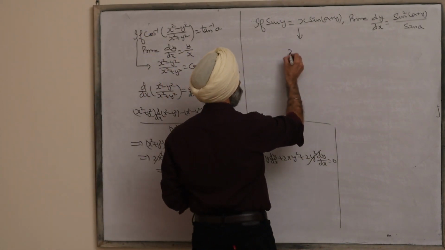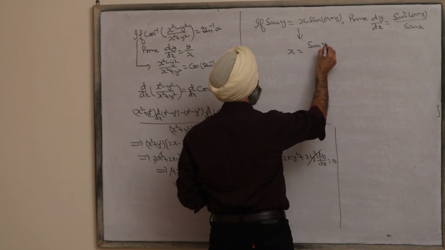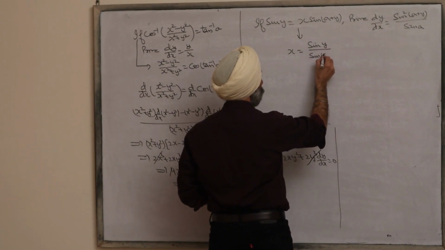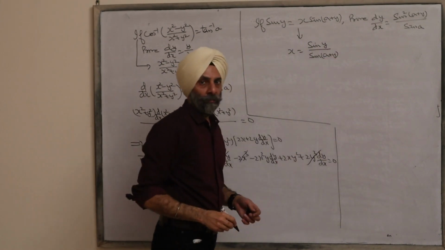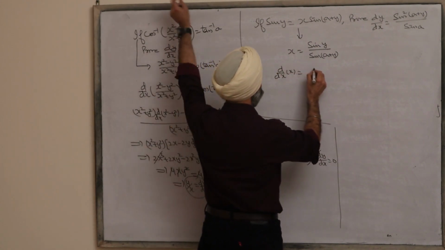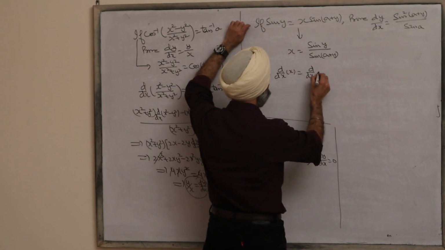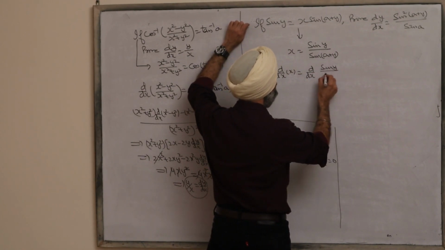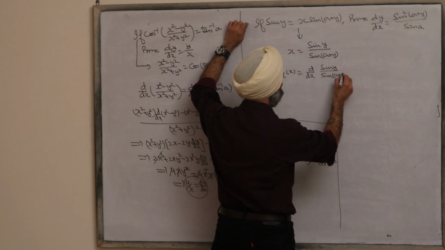So from here can I say that x is equal to sin y upon sin(a + y). Now d/dx of x is equal to d/dx of sin y upon sin(a + y).